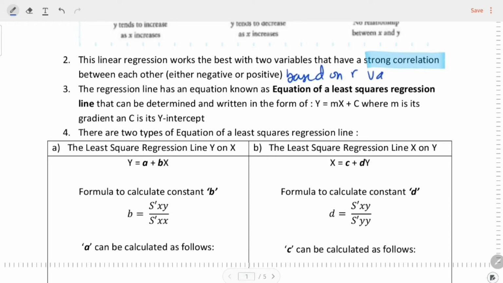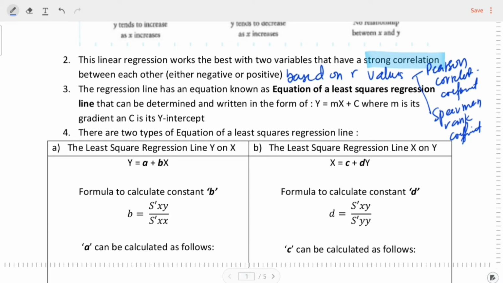We have two types of R value: first is the Pearson correlation coefficient, and the second is the Spearman rank coefficient. This R value will determine whether your variables have a strong or weak correlation with each other, and whether it is negative or positive.